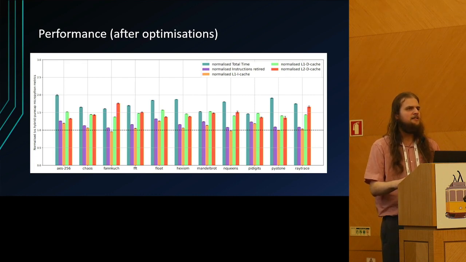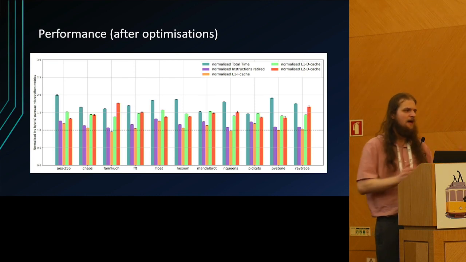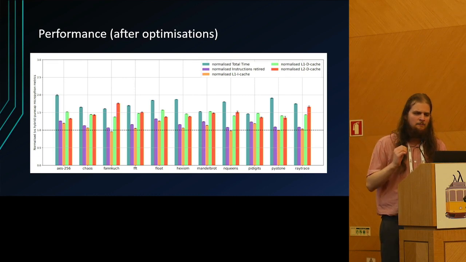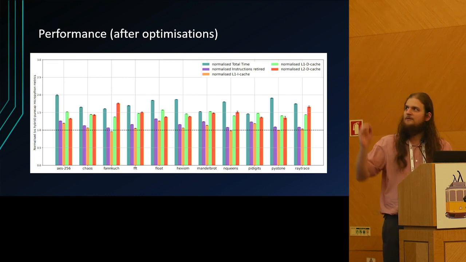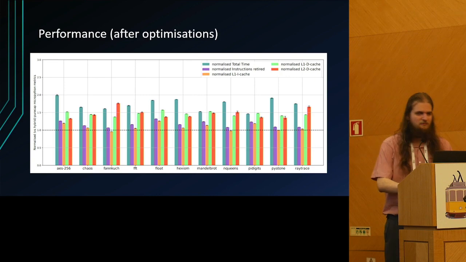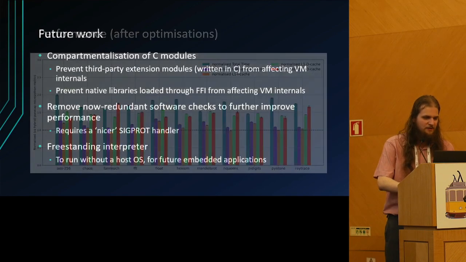For instance, eliding certain software bounds checks now that we have these hardware bounds in place. But ultimately, if you want to hear more about the performance stuff, you can come to my talk at VMIL tomorrow morning, first thing, where I go into a bit more detail about the performance of all this.